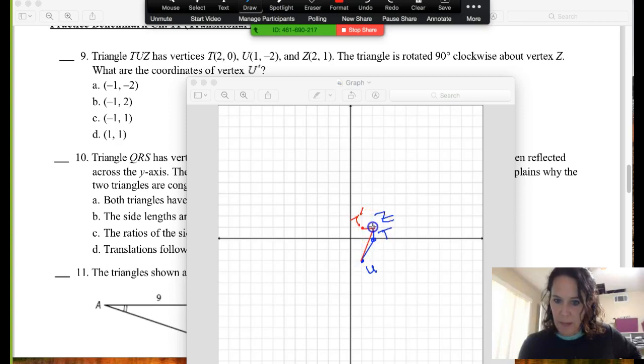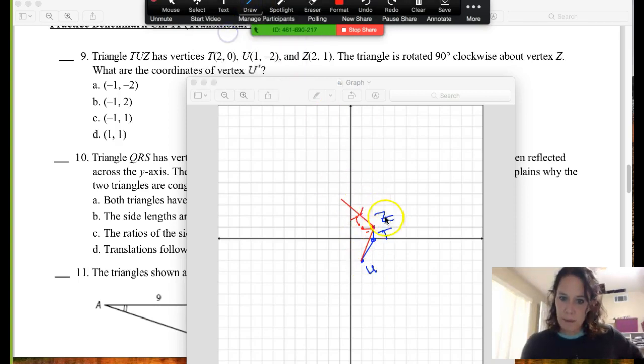So I want to make an L there. There's my 90-degree L. Do you see that L for these two right here? Now this length right here needs to be the length I bring over here. So I'm going to take that length and replicate it over here.